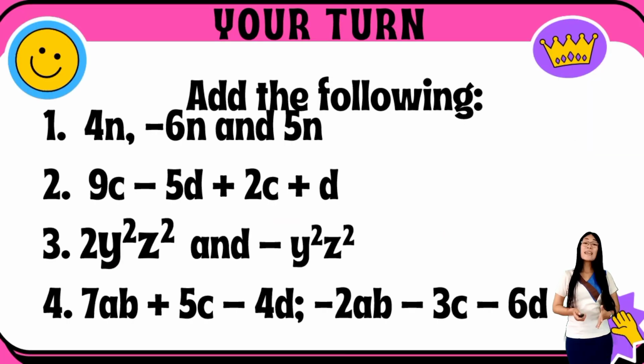Okay. Now, it's your turn to apply what you have learned from our discussion. So you're going to answer items 1 to 4 so that we will know if you really learned how to add polynomials. You may pause this video for your convenience.